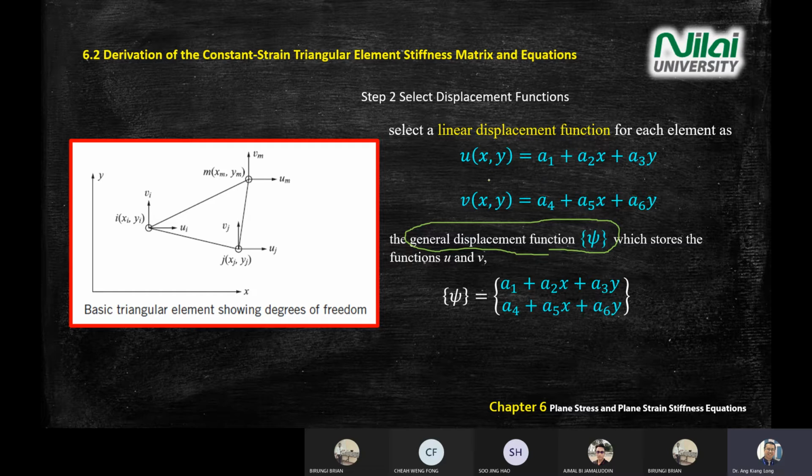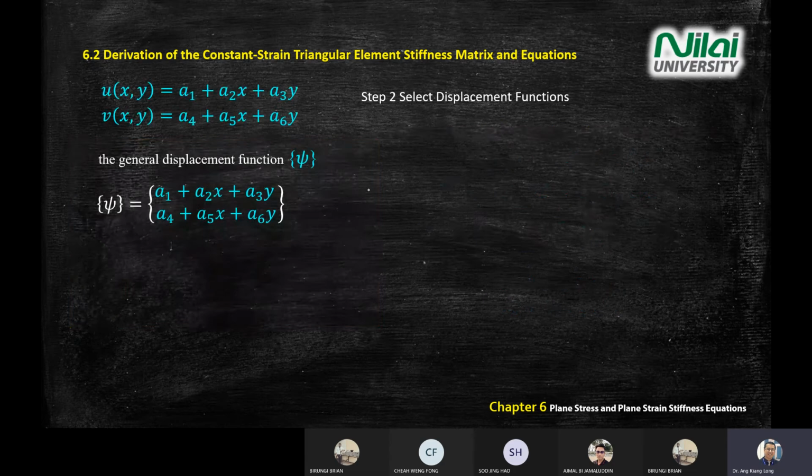So we combine these two into a matrix form like this. Then after that, I put it on one side of the screen here. This is your u equation, v equation, and then we just introduce you to one new matrix form and the new symbol that you see today. For a general displacement function, we write in this form. Again, you're seeing curly form.